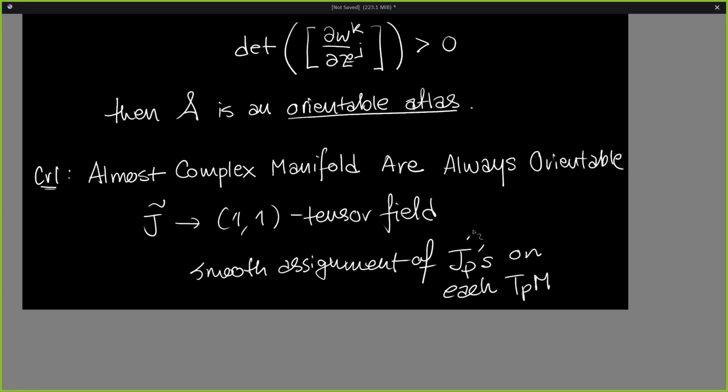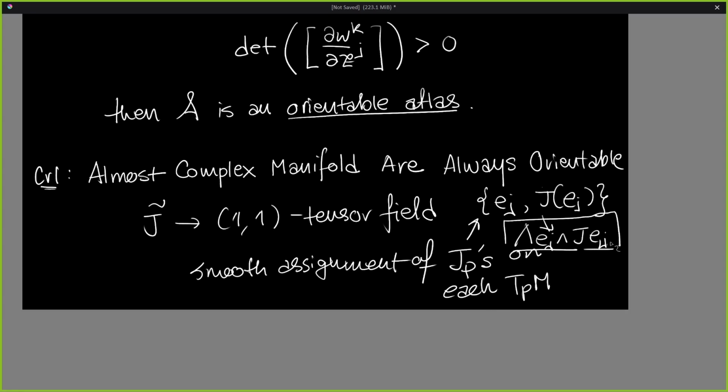So you'd get some e_j, J e_j, and then just like in our proof, we would construct a volume form from this, e_j wedge J e_j, big wedge, right? So that would be our volume form. And we've shown that all of these volume forms have the same orientation. Because there's a consistent and smooth assignment of orientations, therefore almost complex manifolds are always orientable.